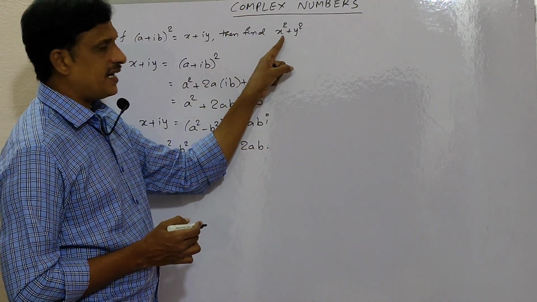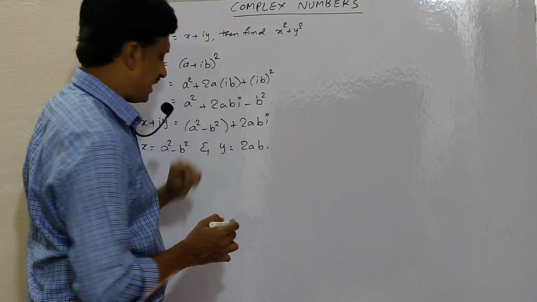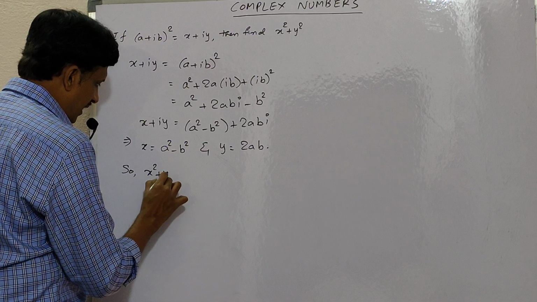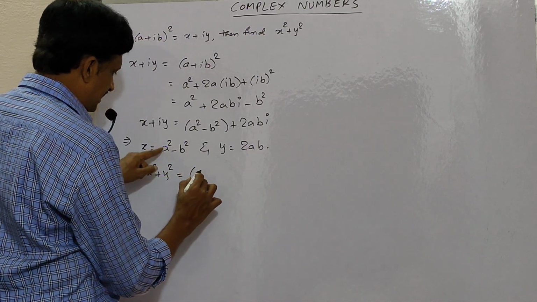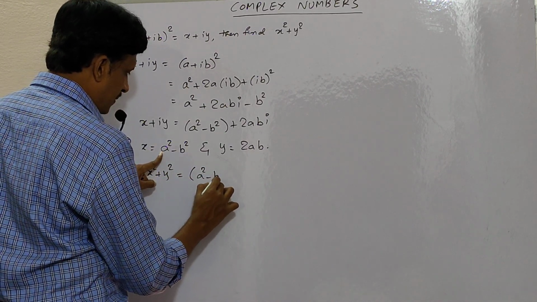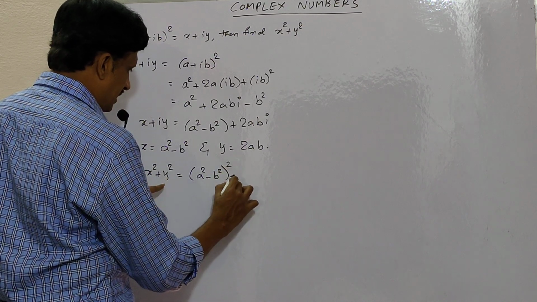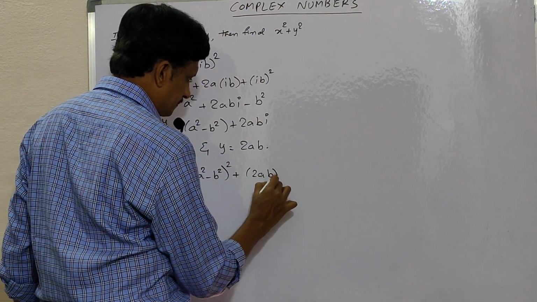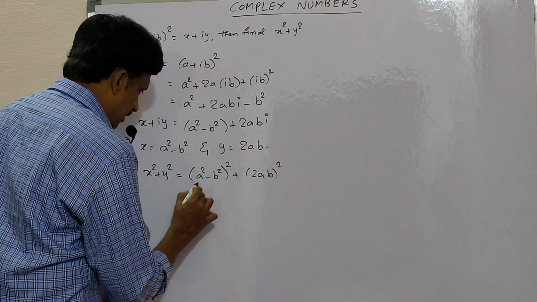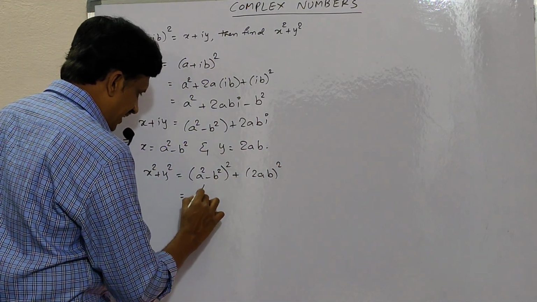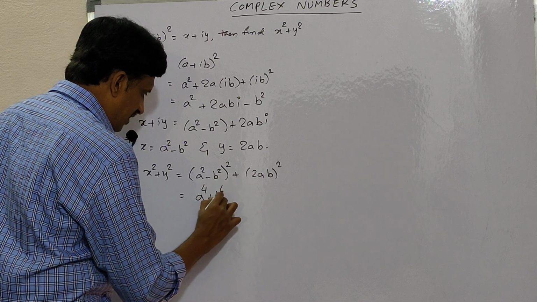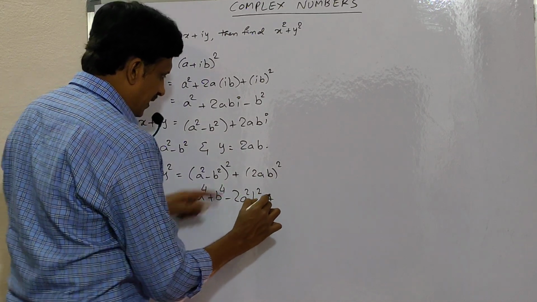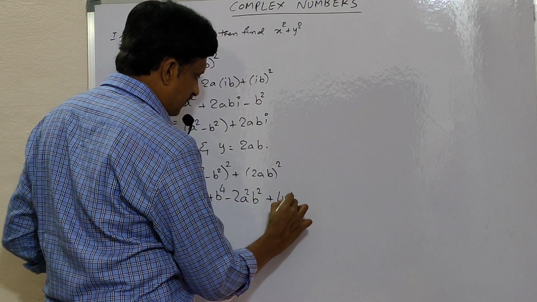Now we need to calculate x square + y square. So x square + y square is equal to, this is x, (a square - b square) whole square + y square, that is (2ab) whole square. Now if you write this expansion, you will get a power 4 + b power 4 - 2a square b square + 4a square b square.